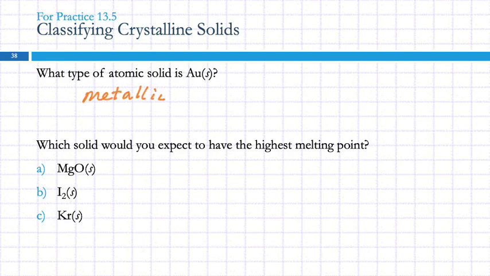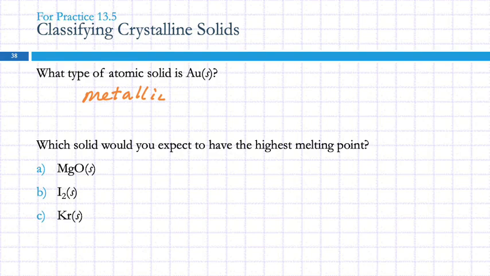And then here it says, which solid would you expect to have the highest melting point? So let's think about what kind of solids these make. MgO. So we had molecular solids, ionic solids, and atomic solids. Is this composed of molecules, atoms, or ions?